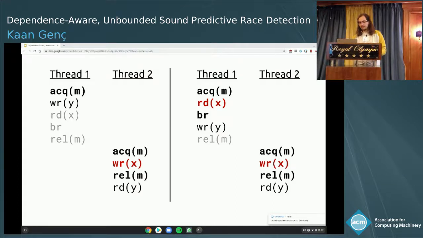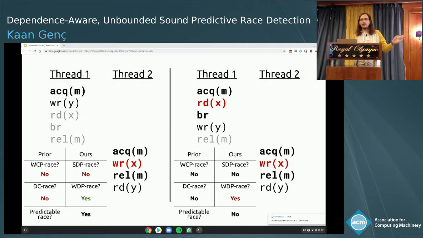As a result, the example on the left actually has a predictable race, while the example on the right doesn't, because we cannot predict it. So the interesting point here is that weak dependently precedes is able to find the predictable race in the example on the left. However, on the right, it actually also predicts a race, but that's a false race. As I've said, there is no predictable race in the example on the right.